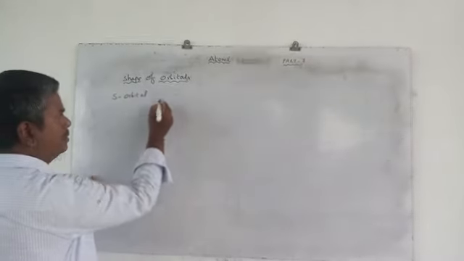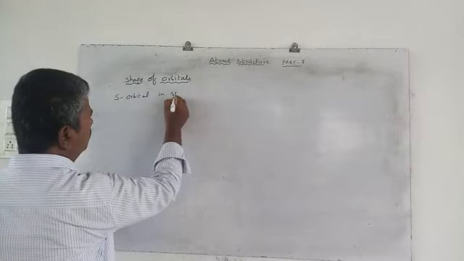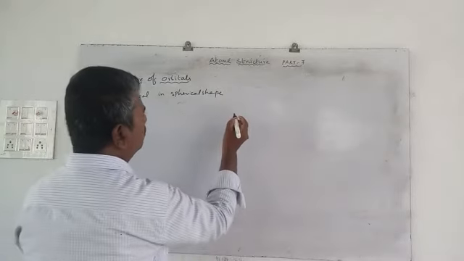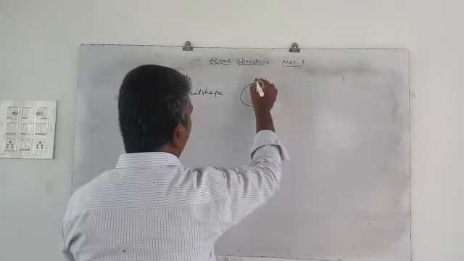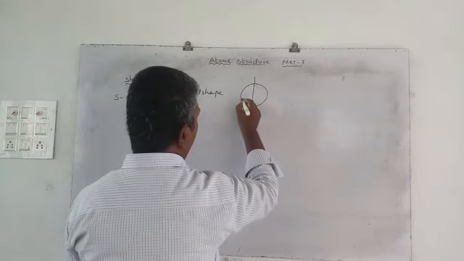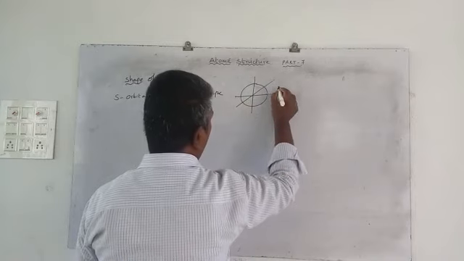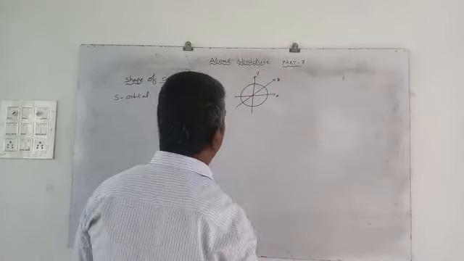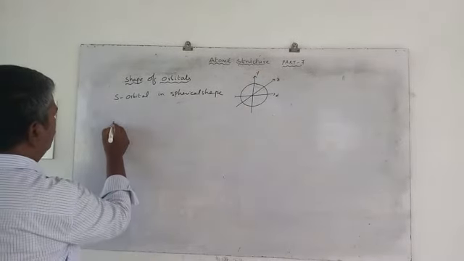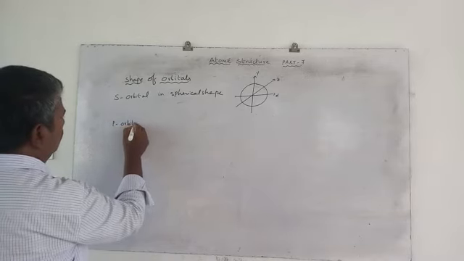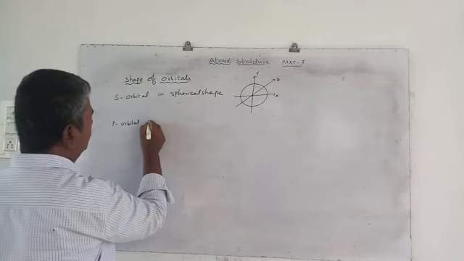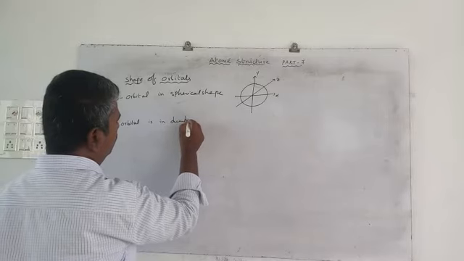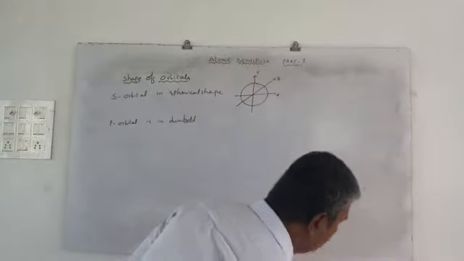S orbital is in spherical shape. P orbital is in dumbbell shape.